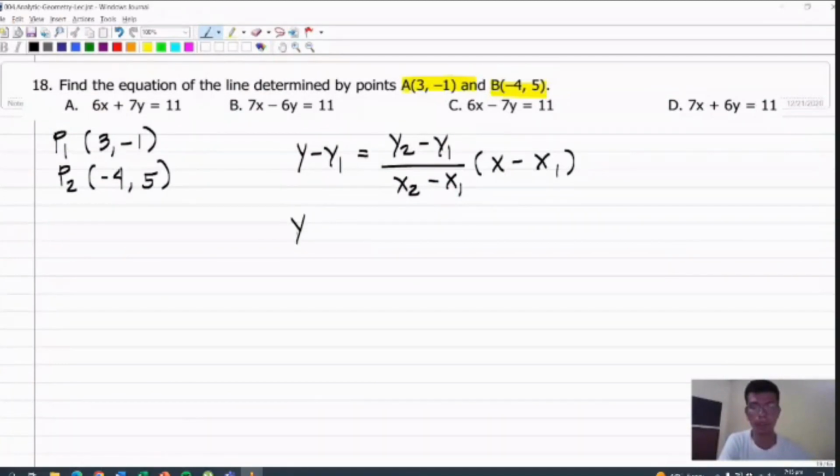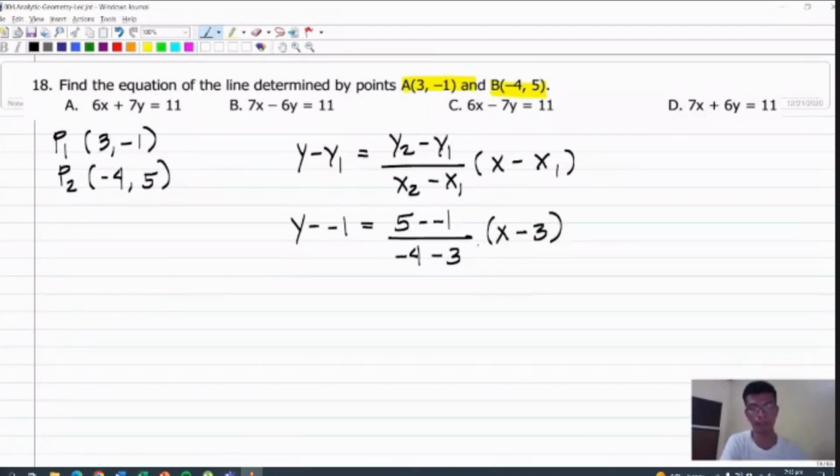So, copy the variable y. Yung y sub 1 natin, that is the y coordinate of the point number 1, which is negative 1, equals to yung y sub 2, ayan yung y ni point 2, which is 5, so 5 minus negative 1, divided by yung x sub 2 natin is negative 4, minus 3, and then x minus yung x ng point number 1 natin is 3.